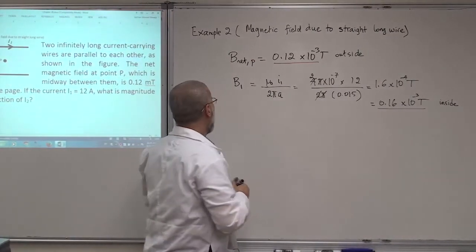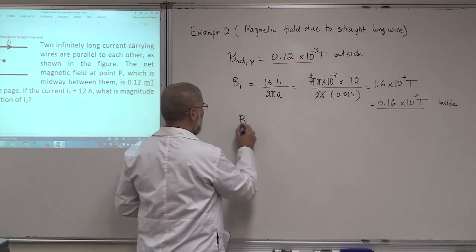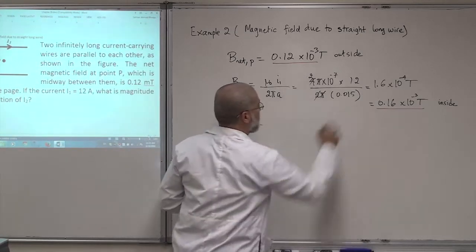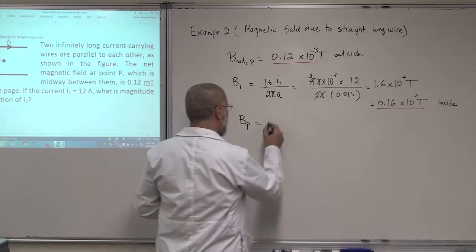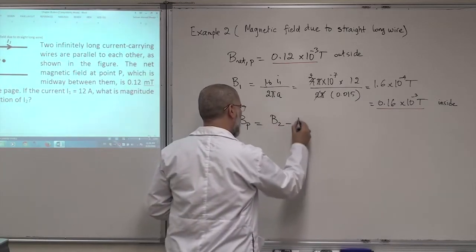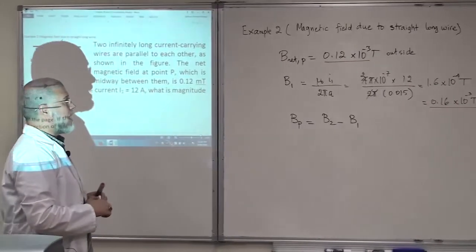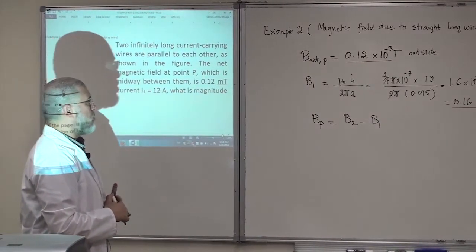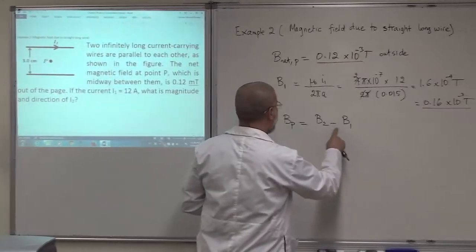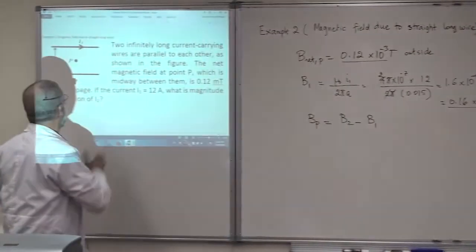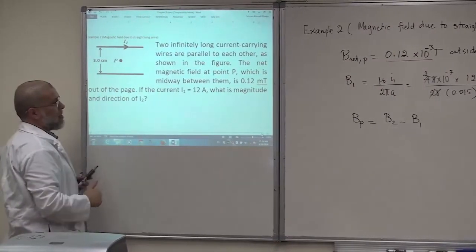So B at point P is smaller than B1, which means it is B2 minus B1. That's how you get B at point P smaller than B1. B1 is inside, so inside will have a minus sign.